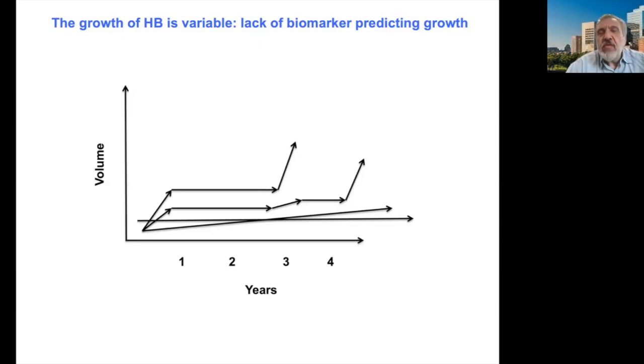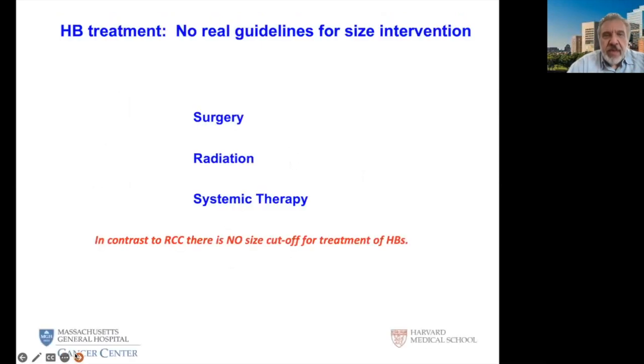The only good prediction is that in the last scan that tumor started becoming a little bit bigger, but still it may become bigger for a while, for a few millimeters, and then go back to sleeping for a long period of time. How do we treat hemangioblastomas? So we used to treat hemangioblastomas with surgery, radiation, or systemic therapy.